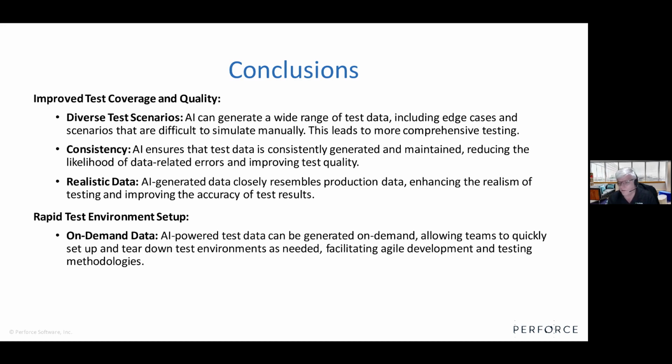So you need to be mindful that AI is not perfect. You need to look at the data and do evaluations to make sure that the data being generated is correct and you're not getting biased or false information coming back from the tool.